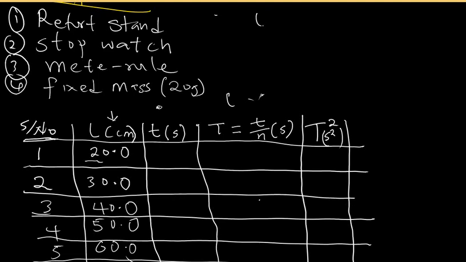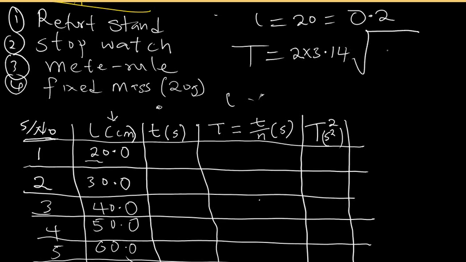So the length is 20 cm, which is 0.2 meter. Let's put that in the formula. The period is going to be equal to 2 times pi. Pi is 22 over 7, which is approximately 3.14, times the square root of the length, which is 0.2, divided by g, which of course is 10.